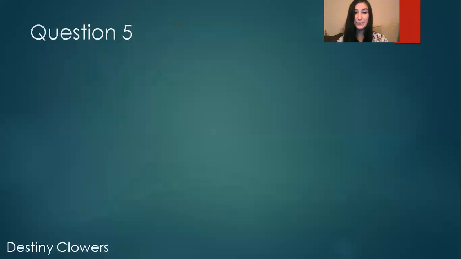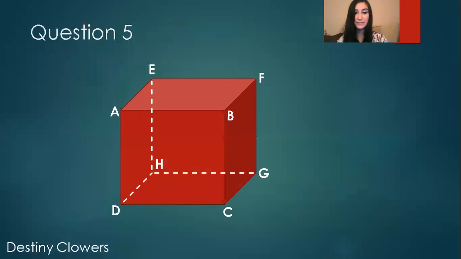So now we are at question 5, just 2 more questions left, and we've got this cube. So this problem asks us to construct a cube with vertices A, B, C, D, and then E, F, G, and H. Then, in a different color, we're supposed to construct vertices D, E, G, and H, and these will be the vertices of a tetrahedron that is inscribed inside of this entire cube.